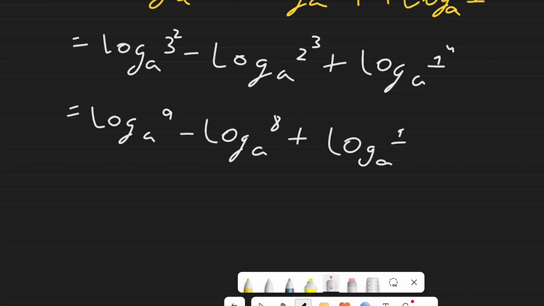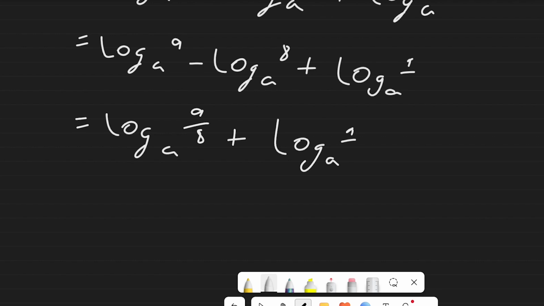Okay, so now that is simple. We have a minus over here and we have a plus over here. We can do either way because, in BODMAS, we can do addition or subtraction, either one of them first, so it won't make a difference. So what we will do is log of 9 over 8 to the base a plus log of 1 to the base a. Just remember one of the rules, that whenever this is 1, the power over here is 1, the answer is always 1, right?